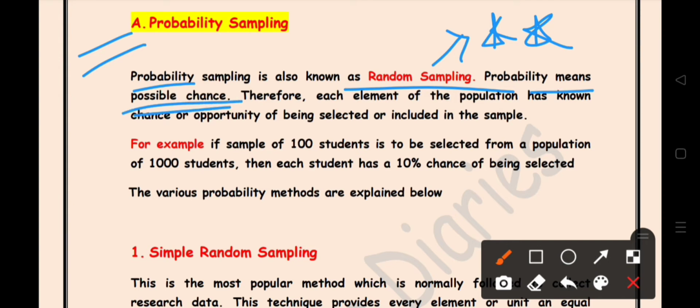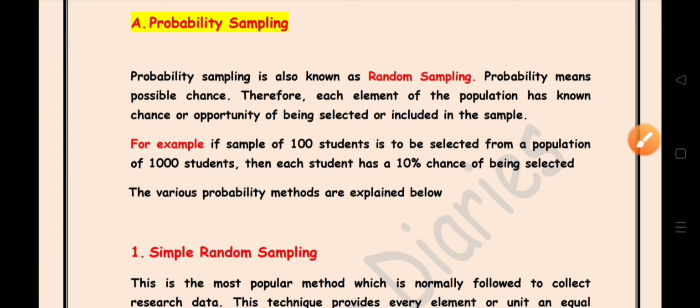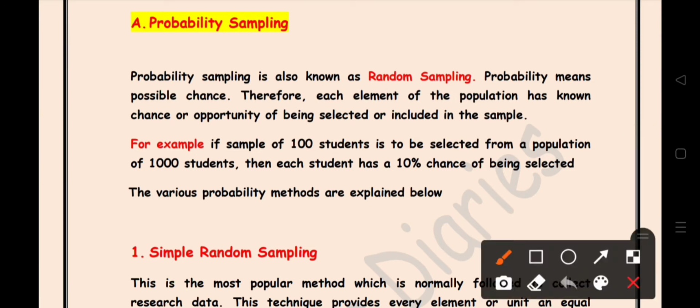Therefore each element of the population has a known chance, or opportunity, of being selected or included in the sample. So in probability sampling, every individual will get an equal opportunity to be selected into the sample.